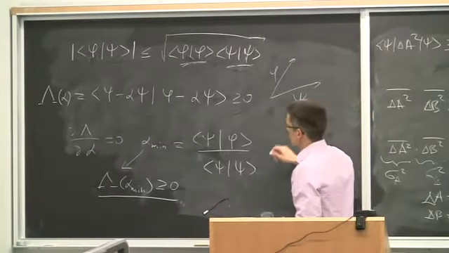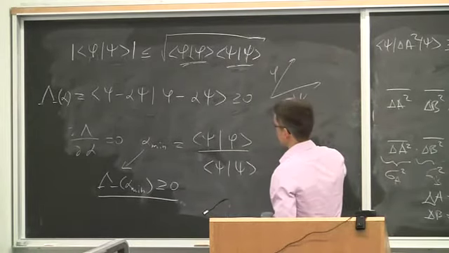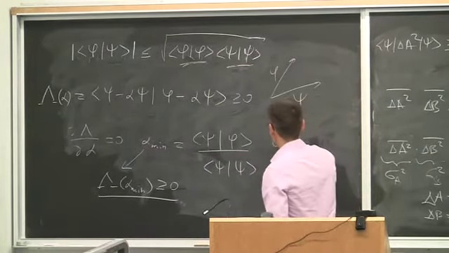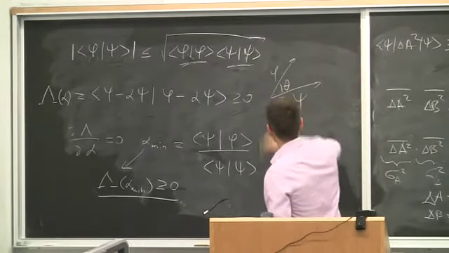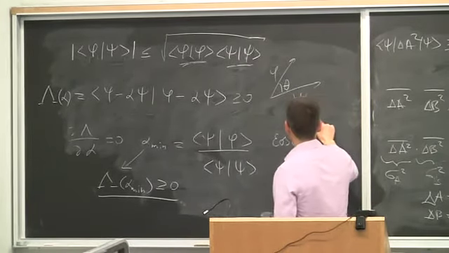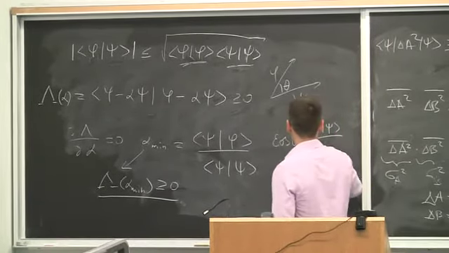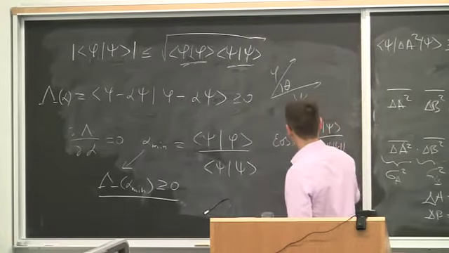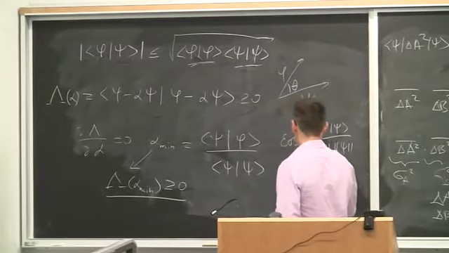And we know from just simple analytical geometry, or vector math, that the cosine of the angle between two vectors is the scalar product of phi psi divided by their norms, which are the square root of phi phi and psi psi.